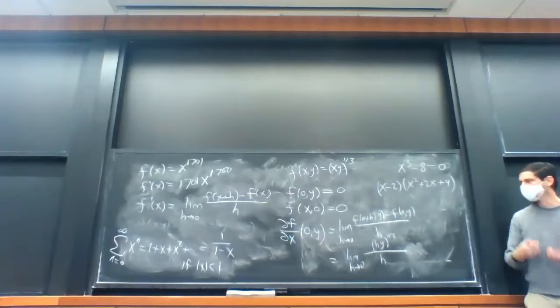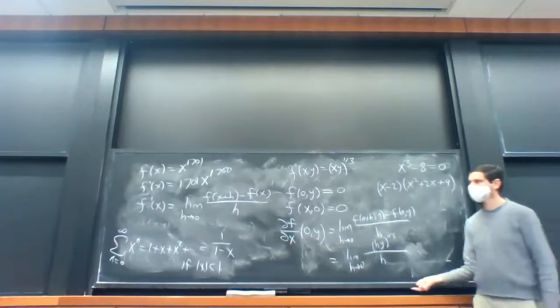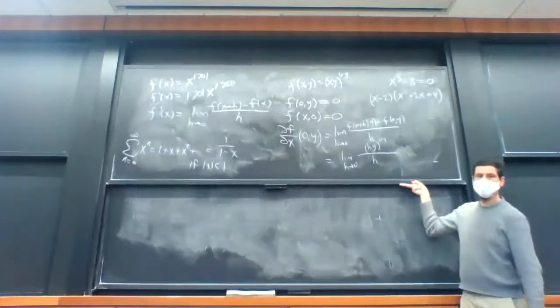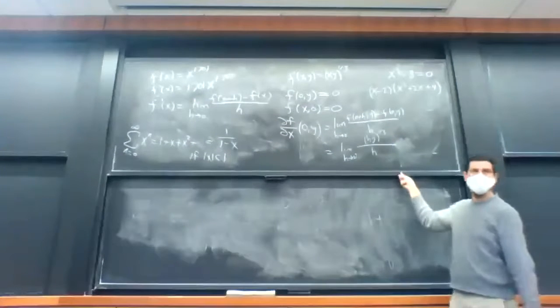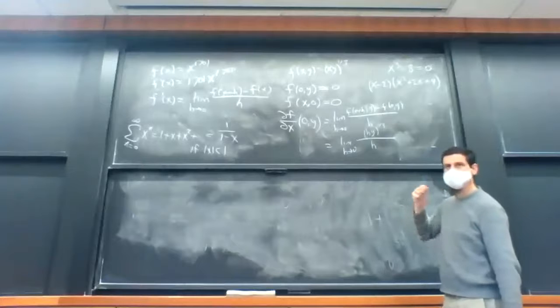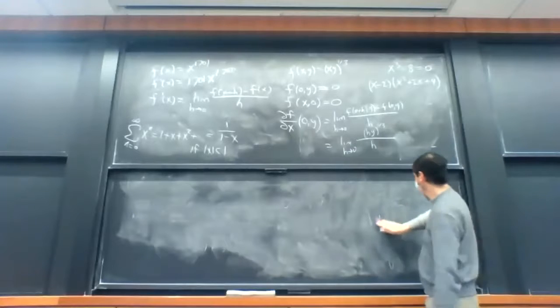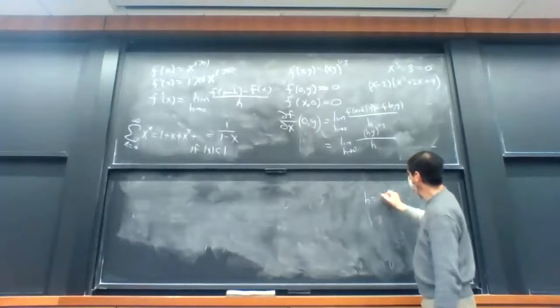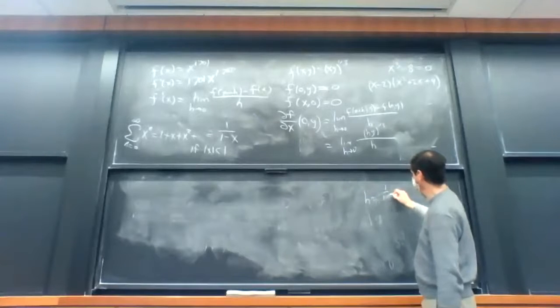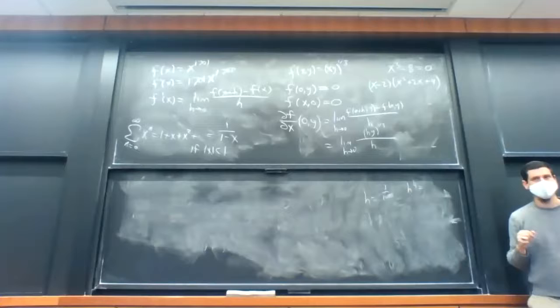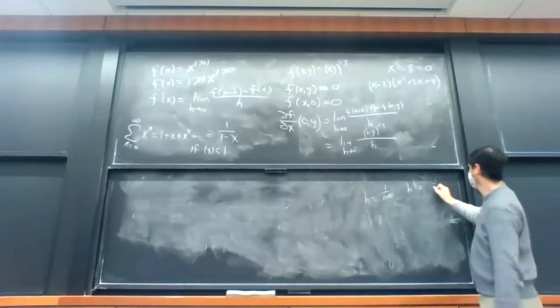Which is larger, h to the 1/3 or h? So h is bigger than h to the 1/3. Let's say h is 1 over 1,000. What's h to the 1/3? 1 over 10.